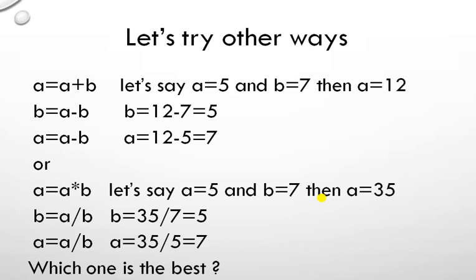Without a third variable is for when there are memory constraints, like in embedded programming, where you cannot create another variable but still want swapping. At that time you can use such methods; at the cost of some time you can save memory. Otherwise, nowadays we are not that memory hungry because a lot of memory is available, so we can prefer the best method, using a third variable.